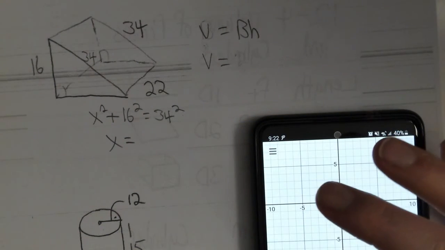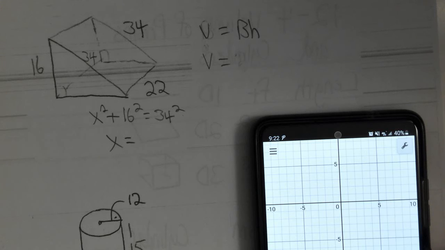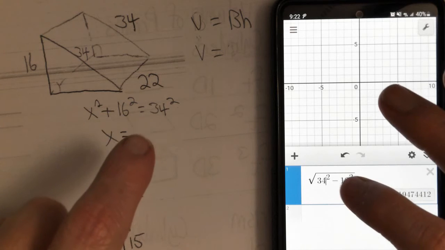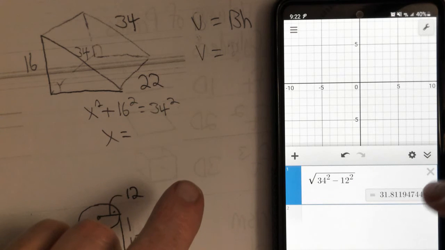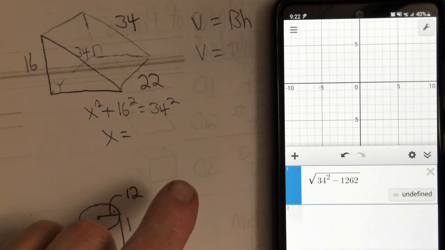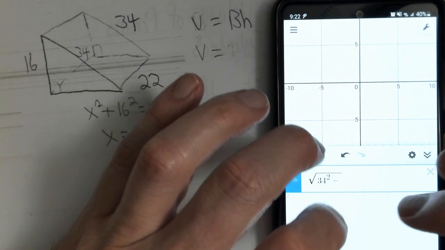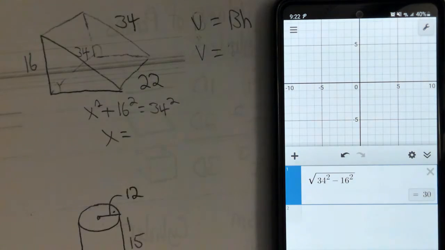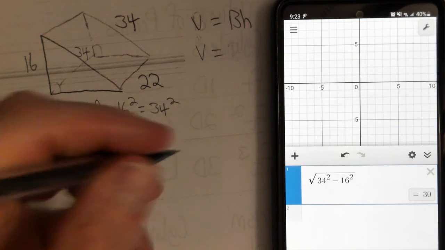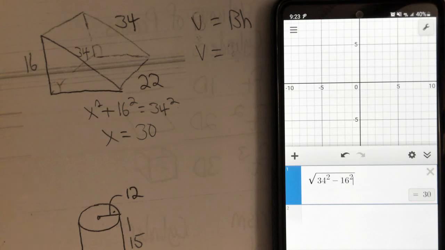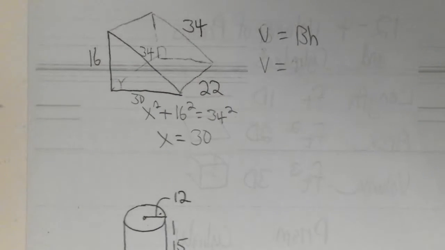I'm going to want to change that first one to a 34, and the second one to a 16. And then I can see that 30 is the missing side.